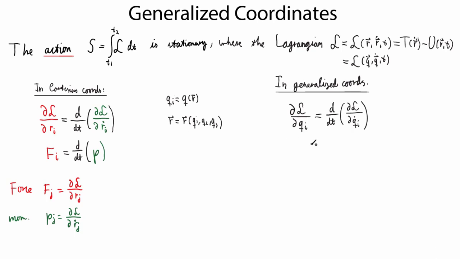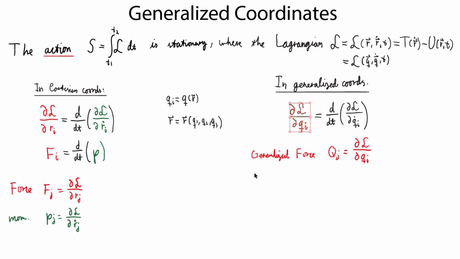We can do the same thing for generalized coordinates. We can identify a force, although we're going to call this a generalized force, capital Q_j, which is this derivative there.